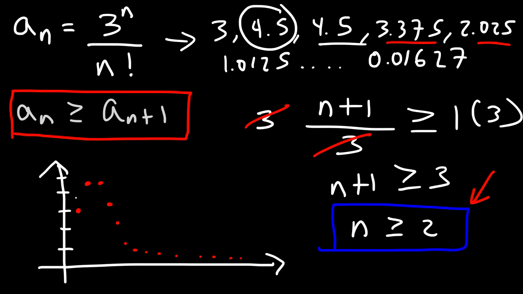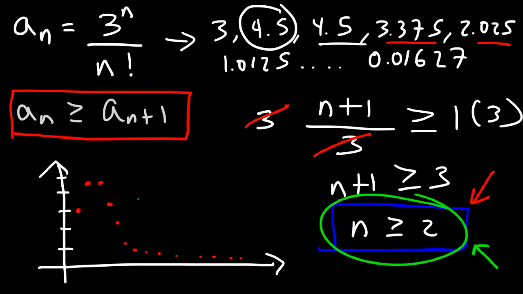So even though it goes up initially, starting from the second term, the long-term trend is that it's decreasing over time, which means we do have a decreasing monotonic sequence starting from n is equal to or greater than 2. It's always decreasing starting from the second term.